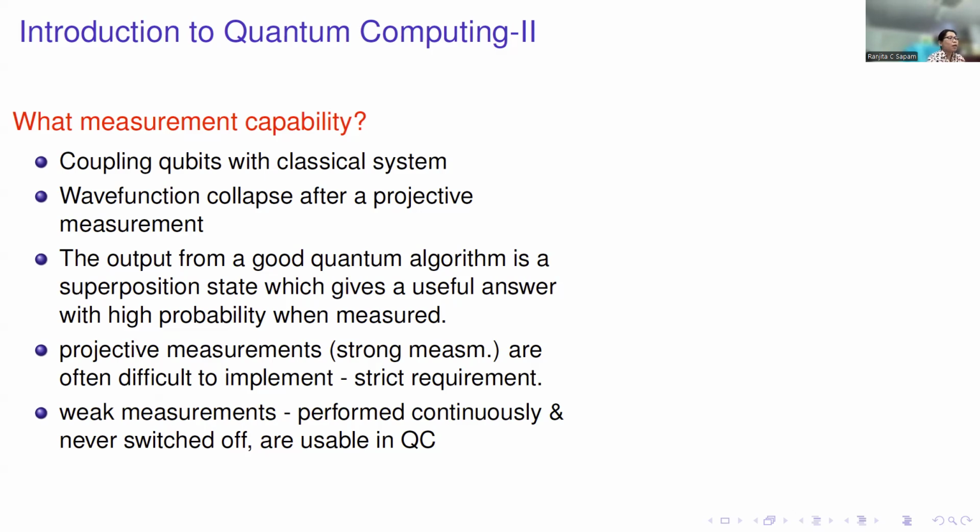Generally, when we do projective measurements, we think of strong measurements. But strong measurements are difficult to implement, and readout is also difficult. So scientific communities do weak measurements, performed continuously, and we average out the results.